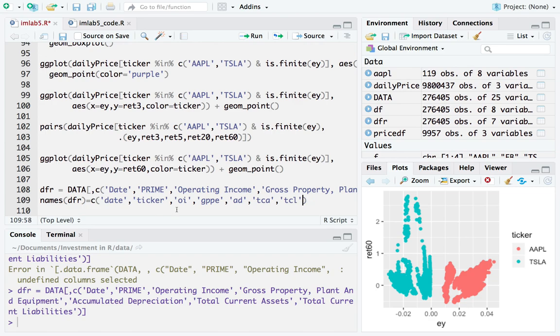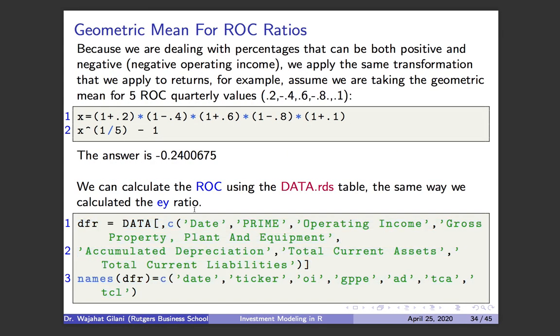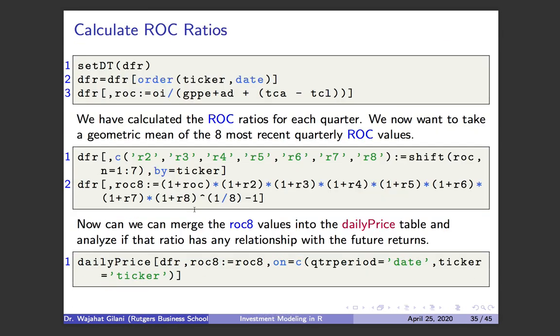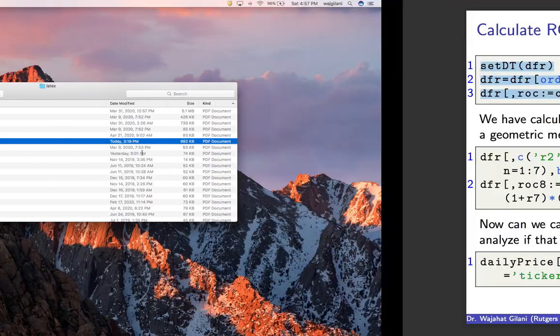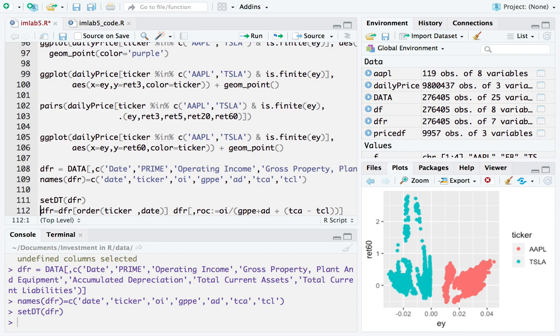All right. Boom. Now I'm going to convert it to a data table, change the ordering, and calculate the ROC, which is very simple. This is now a data table.